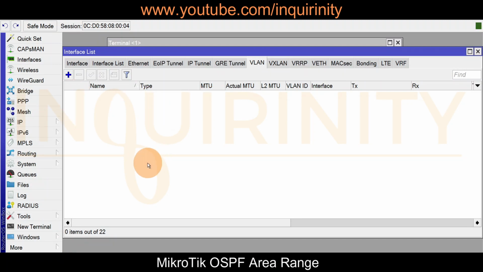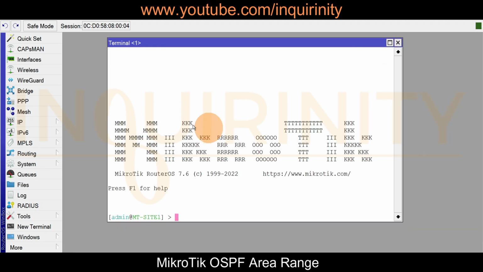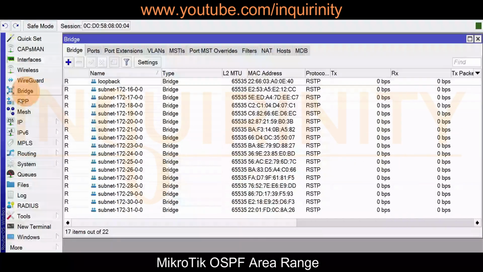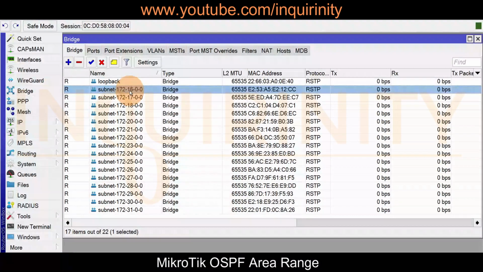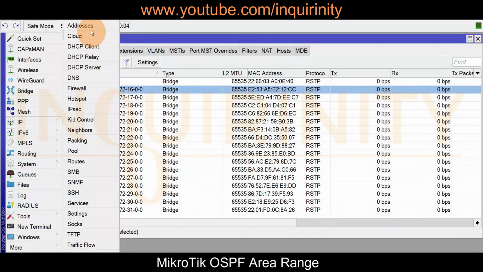okay, for those subnets, but just a straightforward example will be to create loopbacks for it. So I created a bridge, so it will become like a loopback, for the subnets 172.16 up to 172.31.0.0. Correspondingly, they will be assigned the appropriate IP address.